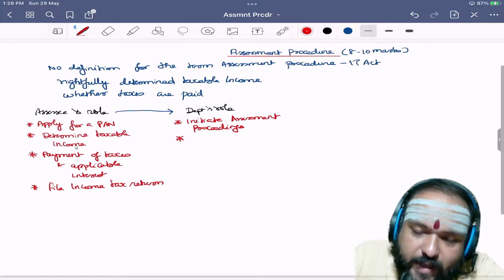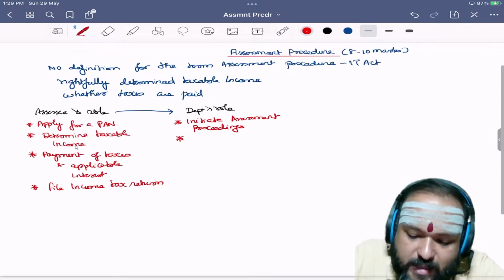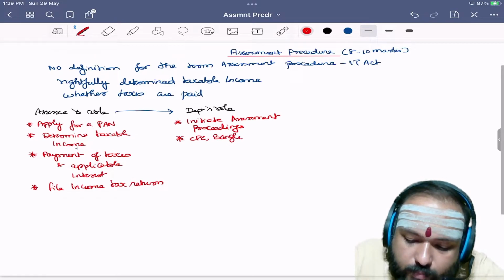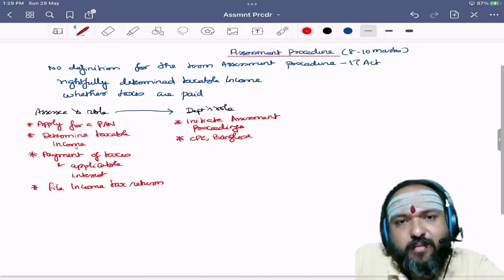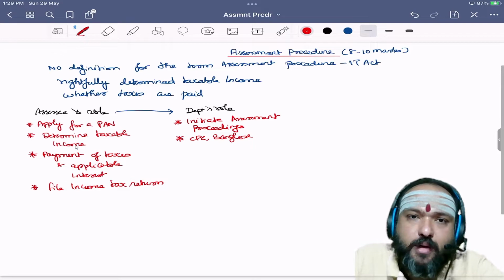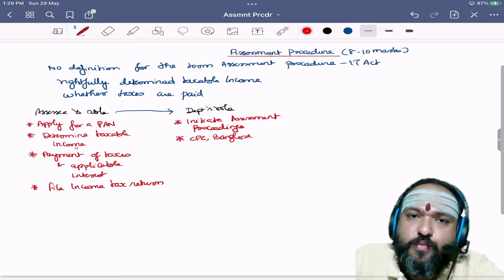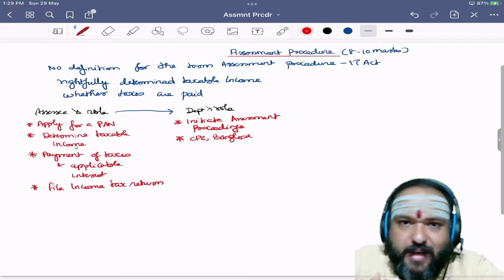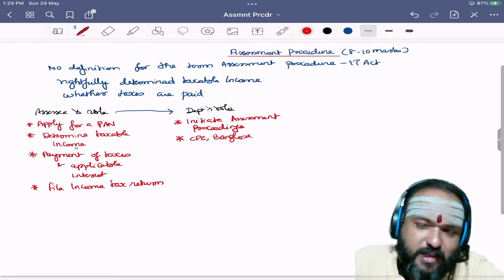And we all know that there is something called as Centralized Processing Center in Bangalore. Every time your return is e-filed, those who have worked in a tax firm will be able to understand, once you verify the return, it goes to CPC Bangalore, where an intimation is sent to the assessee.